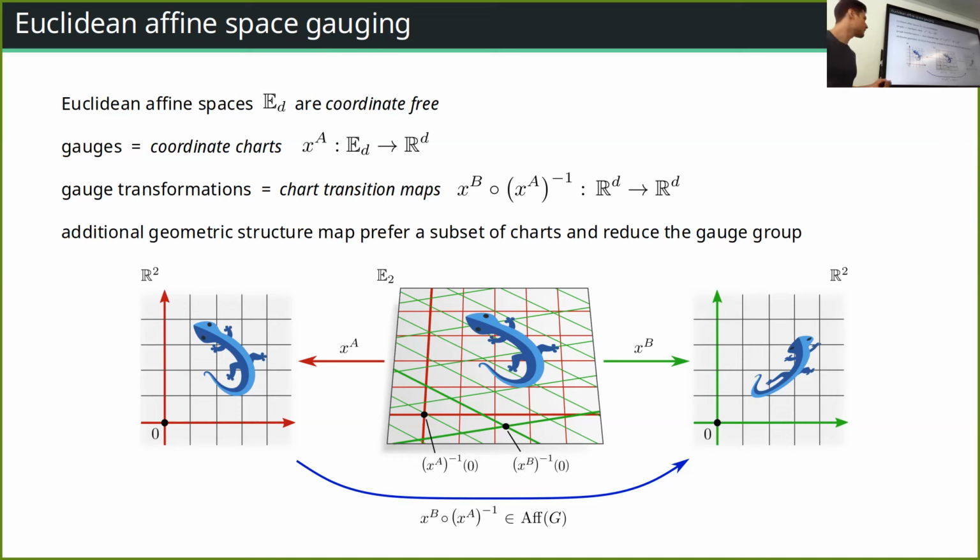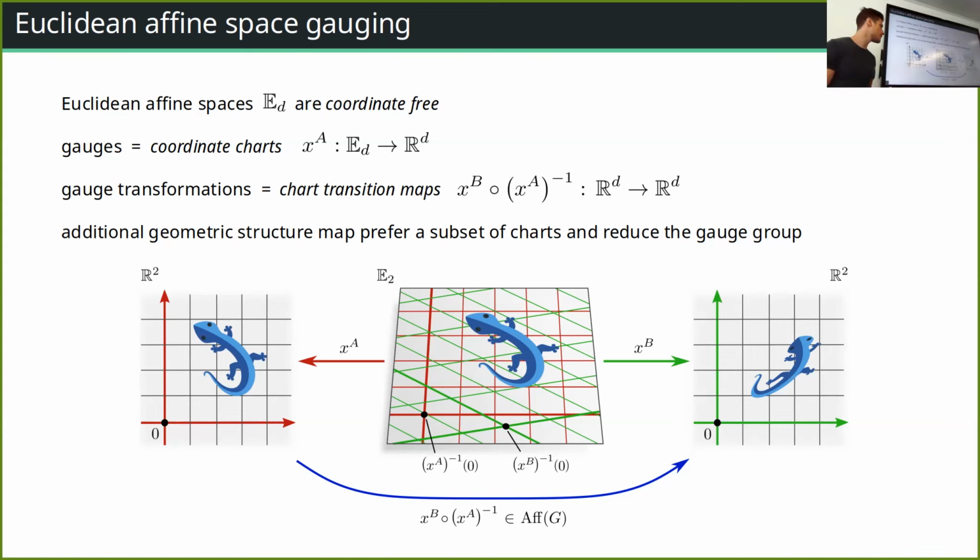And again, we can have a certain geometric structure in our task or on our image, which allows us to restrict attention to a certain subset of charts, which then also transform according to a subgroup of gauge transformations. Since these Euclidean spaces are always affine spaces, which means that they have a notion of parallelity of lines, these maps should always preserve that.